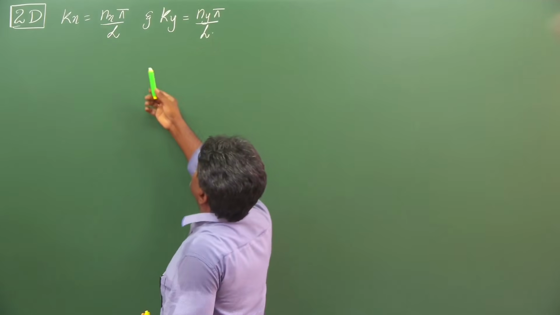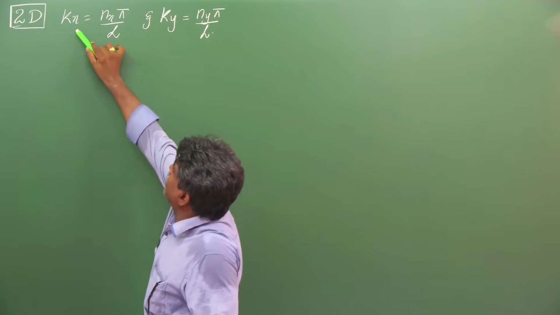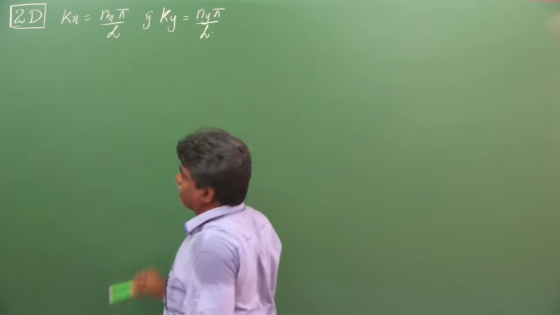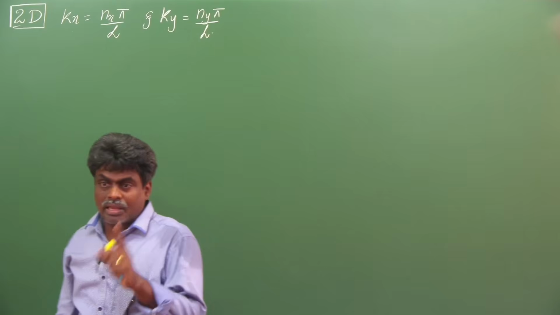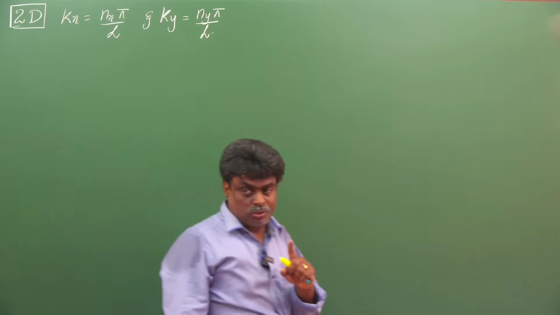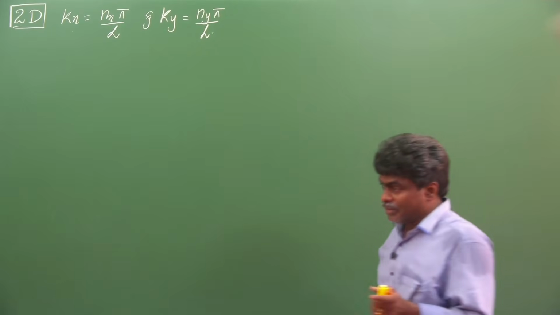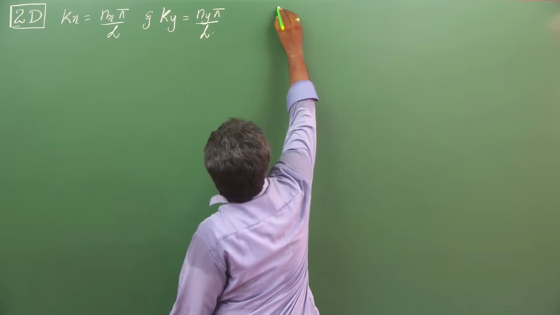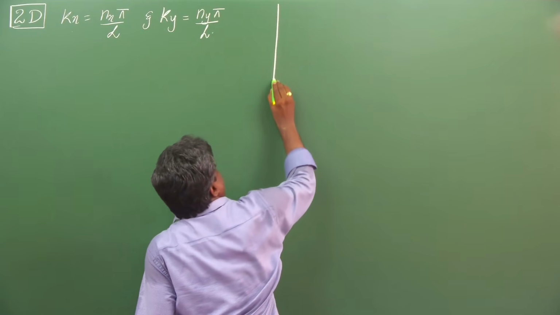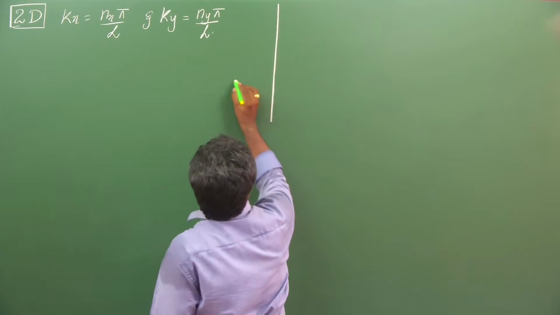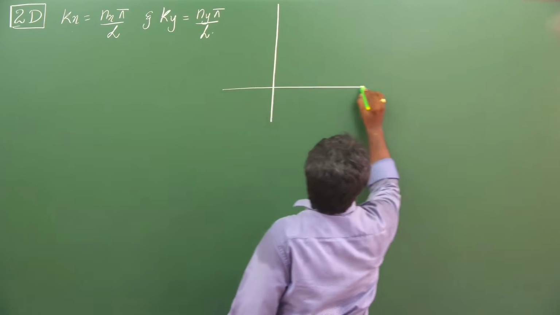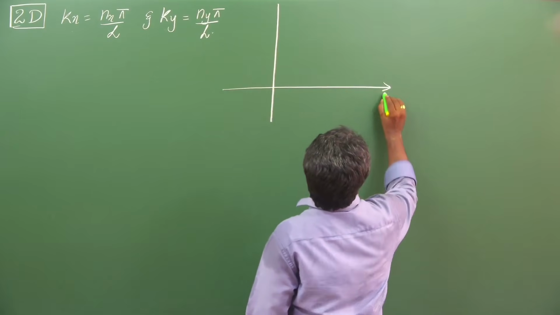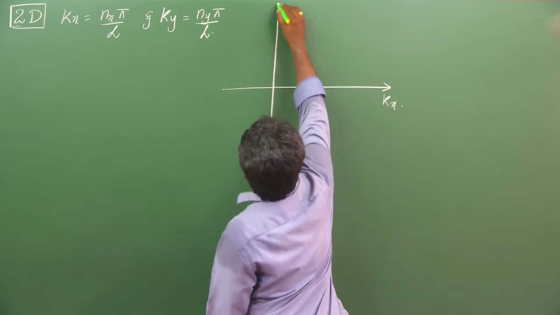2 dimension means what? Reciprocal lattice contains 2 axes, kx and ky. Remember, our k must be positive. It should not be negative. Everyone see the board. I am taking this reciprocal lattice. This is kx and this is ky.